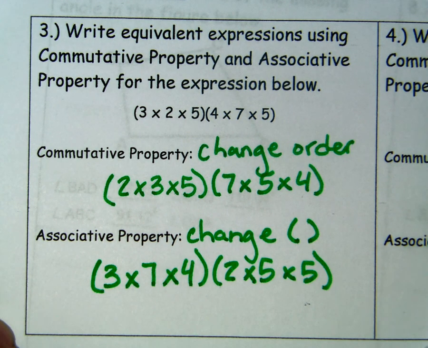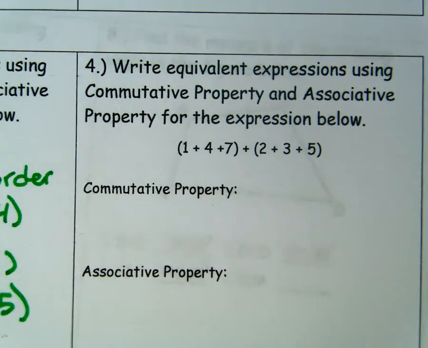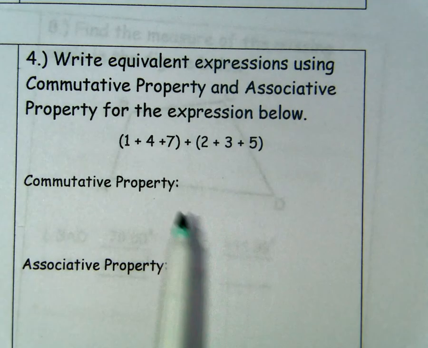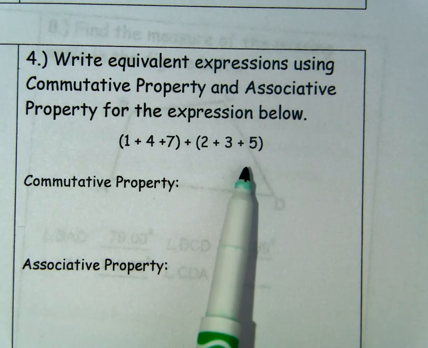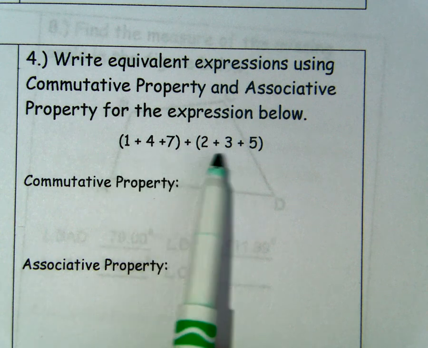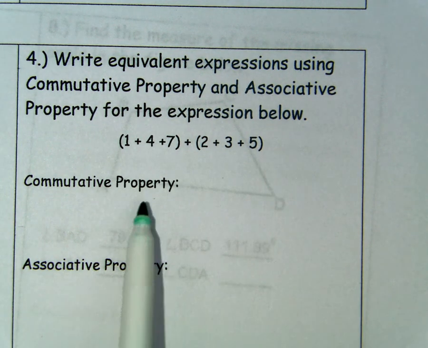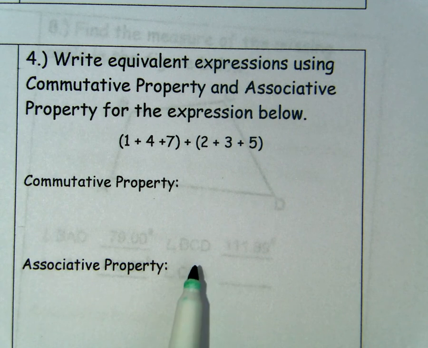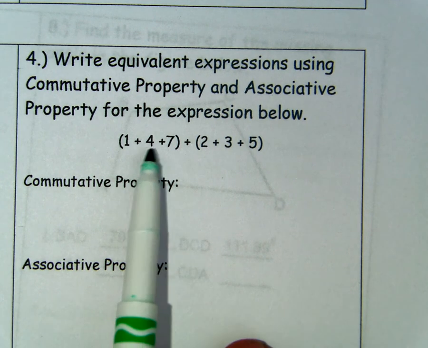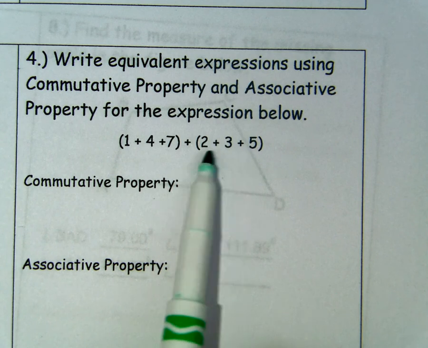Now number 4 is going to be similar, but instead of multiplying all of those numbers together, we are adding this time. So don't let the parentheses fool you. We are still going to be adding all of those numbers up inside this expression. So when you make your equivalent expressions, all you'll have to do is change the order in here for commutative property, and then change the order in here.